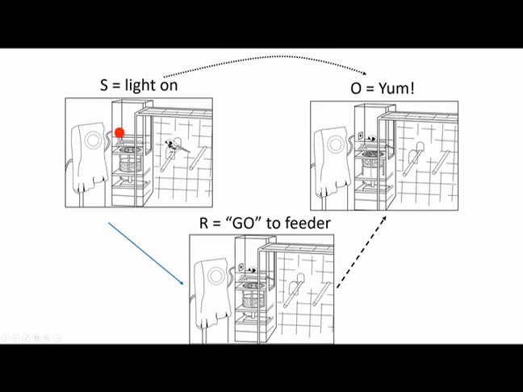You can get food if that light is on, and if you make this response, that is the only way to get food. So we have those three different associations where there's some combination of the light being on, some combination with getting or doing the response, and getting food, depending on how we can connect these three.